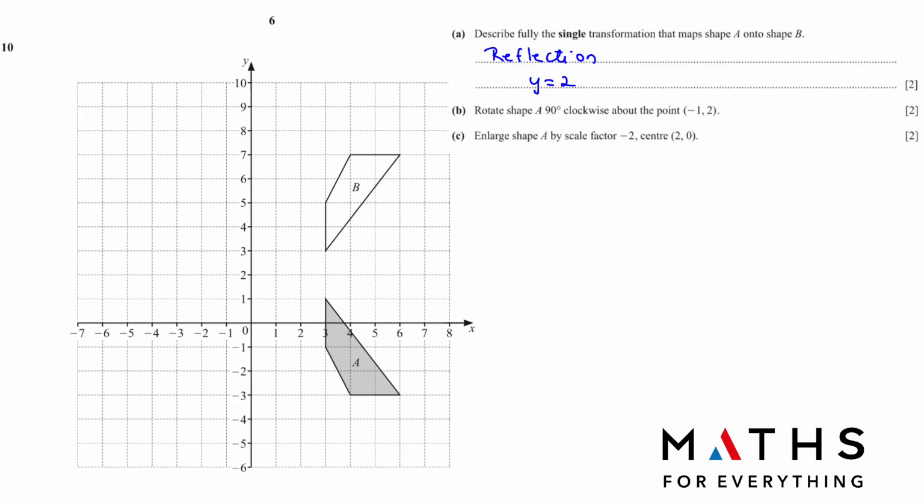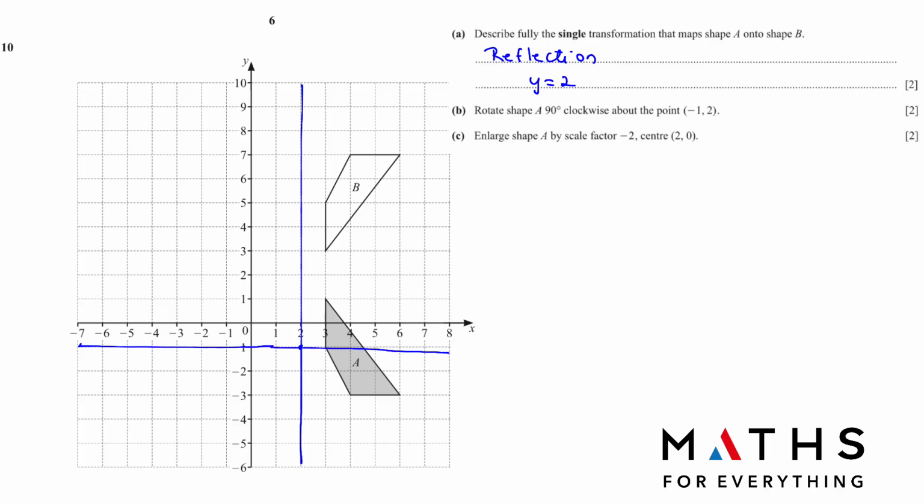Part B, rotate shape A 90 degrees clockwise about the point -1, 2. Make a point at -1 and 2, this one. Then draw lines like this. At -1 and 2, draw another line.